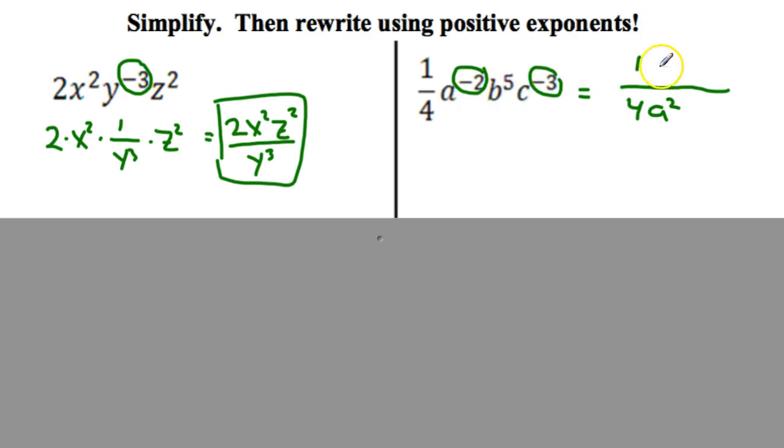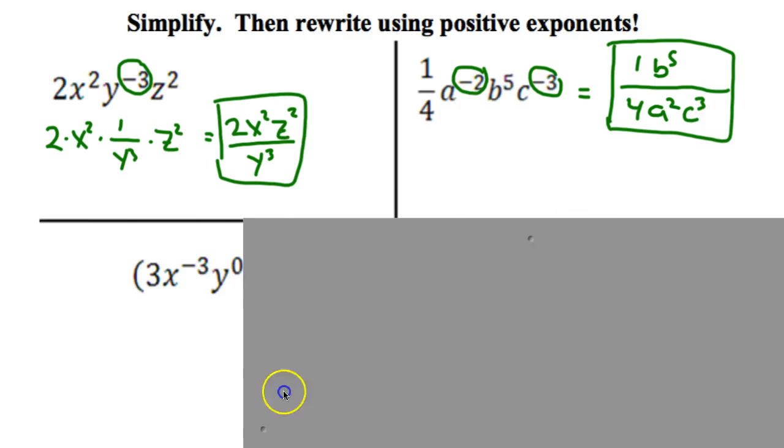B to the fifth, that goes on the top. And C to the negative third, that goes on the bottom. C to the third, I make it positive. There we go. And if you don't want this one, you can get rid of it. But everything else is good.